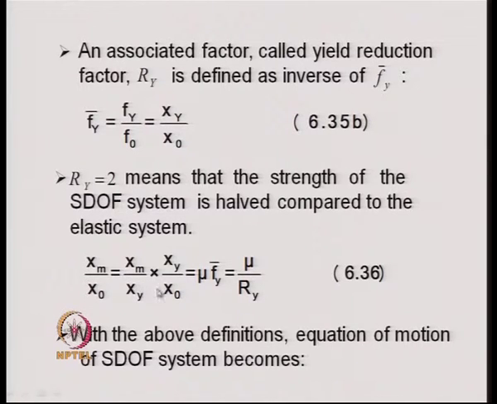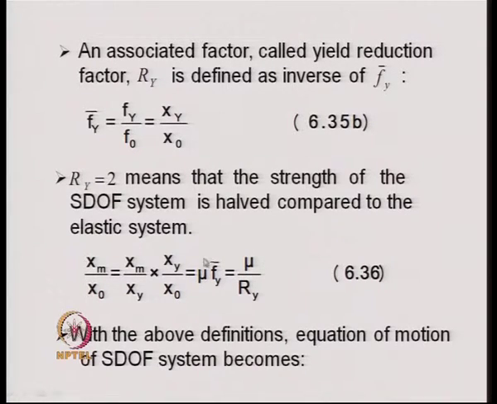That can be written as mu times f bar y using this manipulation, and this can finally be written as mu divided by Ry. This relationship is very useful and will later be used for drawing certain curves and understanding the meanings of those curves.